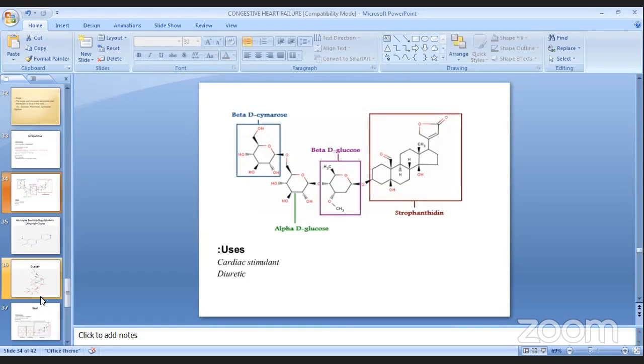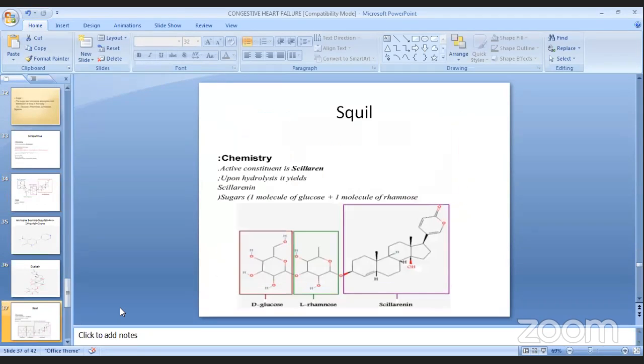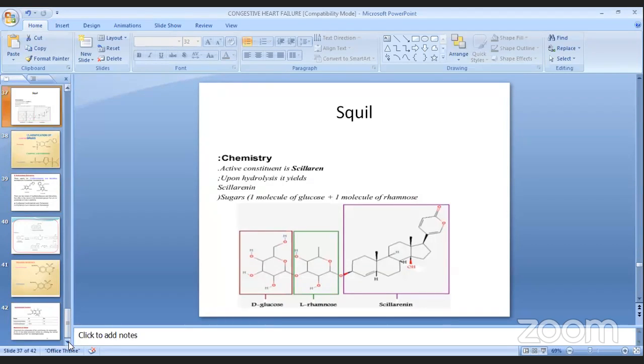But don't use squill, because squill is a bufadienolide, it is not a cardenolide. Red squill is used for rat poisoning. These are the different categories of drugs I have discussed.